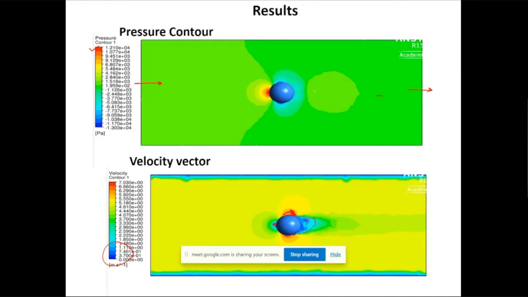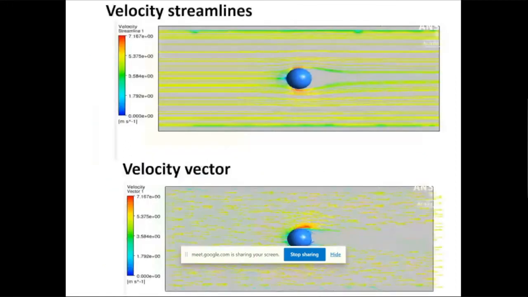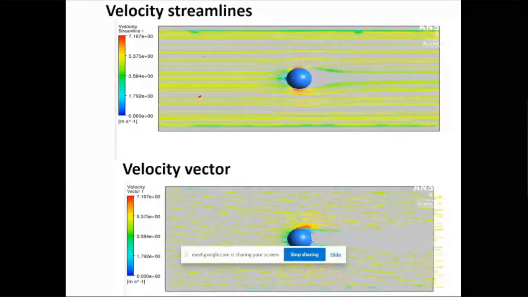I have plotted this result in the form of pressure and velocity, but you can take any flow parameter, whether it is turbulent kinetic energy, dissipation rate, pressure, total pressure, then different stresses, forces also, whatever you like, you can plot and get the information. So this is the case where the sphere is in stationary condition. Now the second case. In these streamlines also you can see that here the velocity is more.